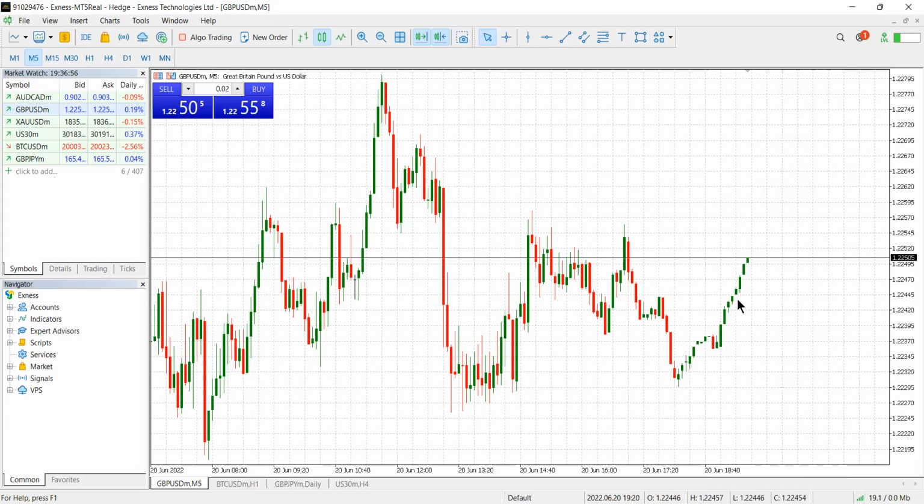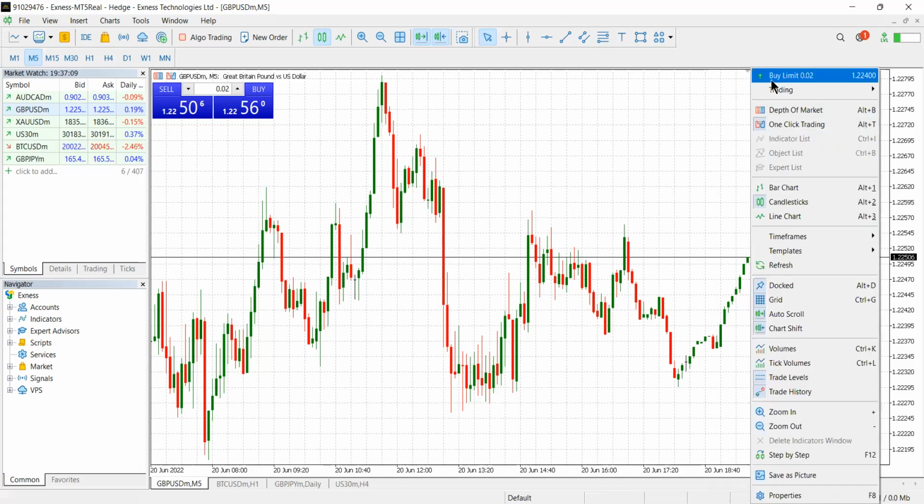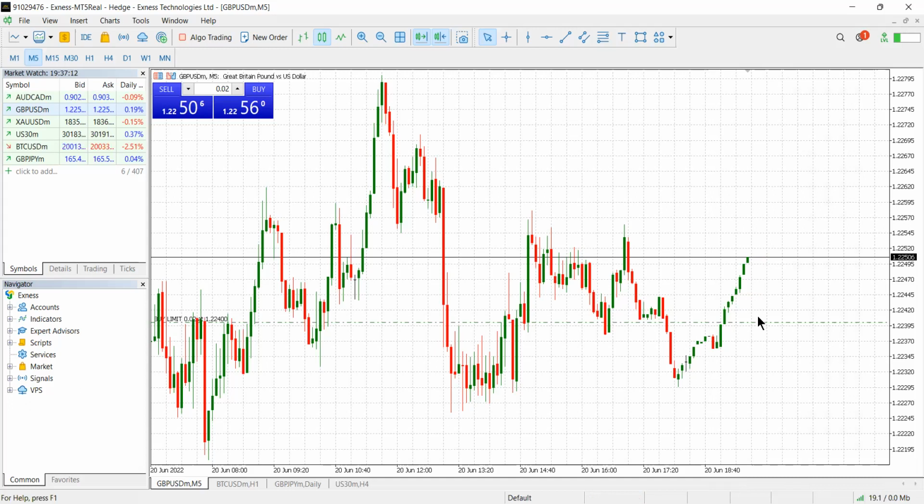For a buy limit, market should be buying, already buying, and then market has gone beyond you. So you leave your buy limit below market price, over here like this. Now for a sell limit, it should be above market price.